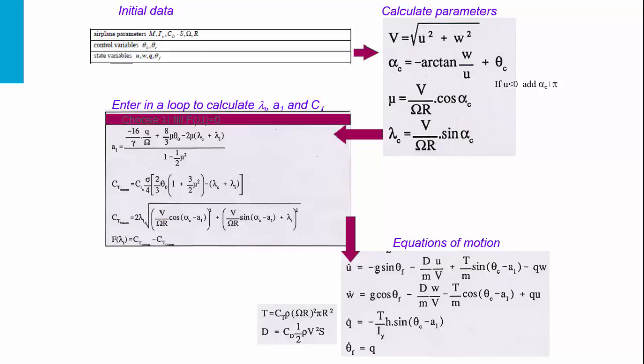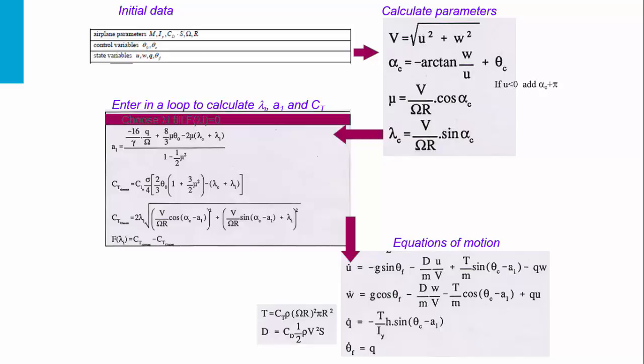We will know at a certain moment the collective pitch theta 0 and the cyclic pitch of the helicopter. And we will have the state variables which are, according to the 3 degrees of freedom model, u, w, q, and theta f. The first thing that you have to do is to initialize these parameters, and then start calculating the parameters that you need for the equations of motion.